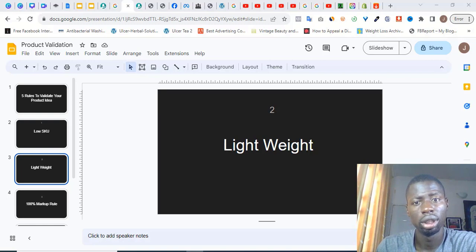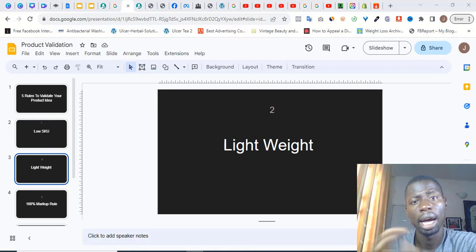And at the end of the day, you are going to spend such a high amount just to deliver one product when you can spend the same amount to send 10 pieces of a product that will make you more profit, make you more money at the end of the day. So logically, you want to go with products that you can send in more quantities for very little cost, and you make more profits for yourself.